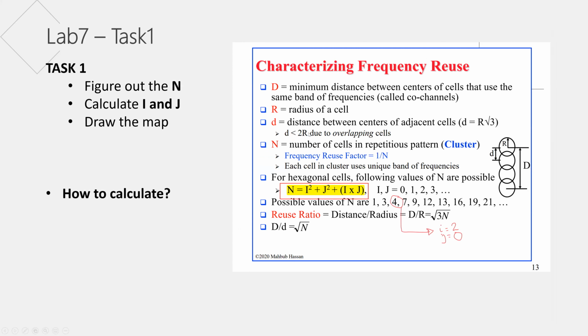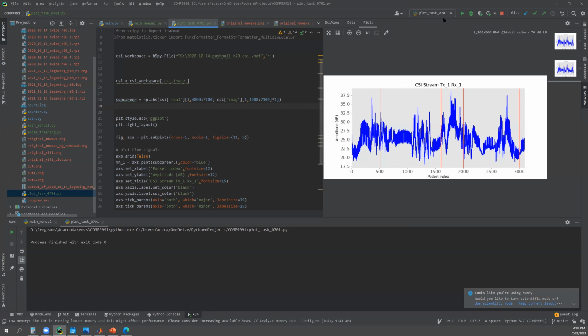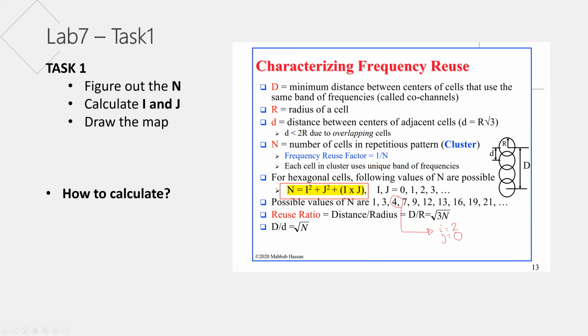So here we can use a for loop, and use Python to run a for loop to figure out the I and J values.